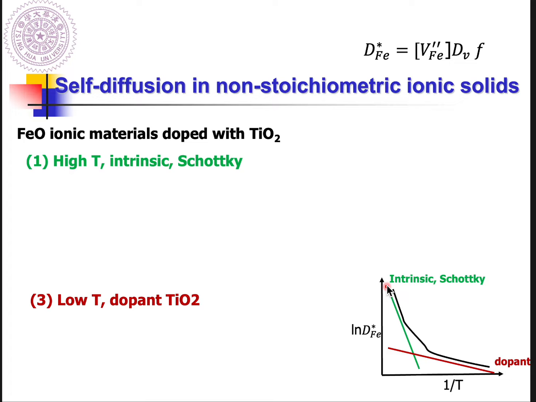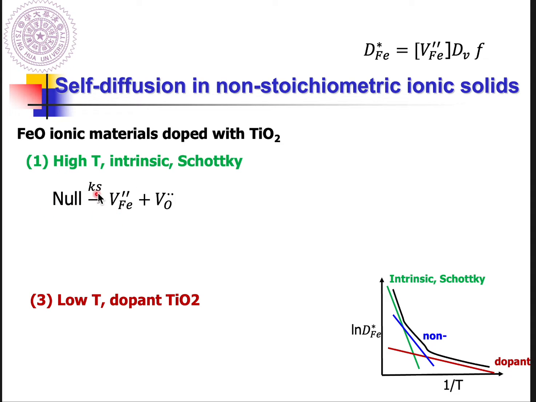Based on what we learned in the previous slide, we know the higher temperature region is the intrinsic property, where the Schottky defect dominates the vacancy fraction at the iron side, and at the lower temperature the dopant concentration dominates, right? So let's deal with these 2 regions. At high temperature it is intrinsic, which is Schottky defect dominated. So based on the knowledge, you know the Schottky defect.